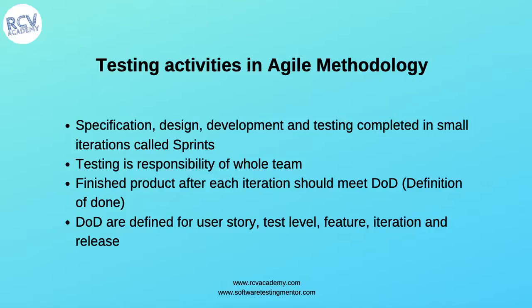All the specification, design, elaboration and understanding of the stories, the coding, and then deploying that code in the test environment, along with testing and automation, is included in those small sprints.